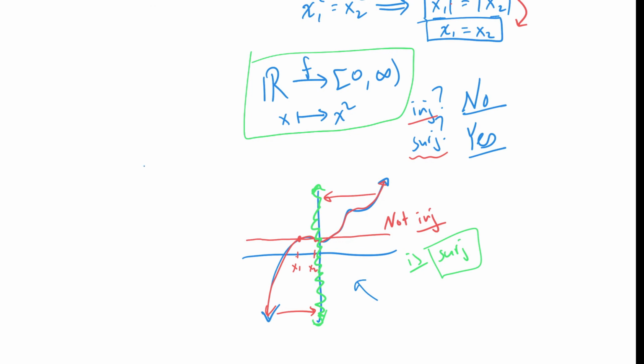The graph here, there's the x-axis. The y-axis actually looks like that because we don't have the negative real numbers. And so the graph would look like this. And you can see here now, it doesn't pass the horizontal line test, therefore it's not injective. And for surjectivity, if I take my red graph here and I smush it onto my codomain, I hit every single value. And you can see, yep, sure enough, it is surjective.